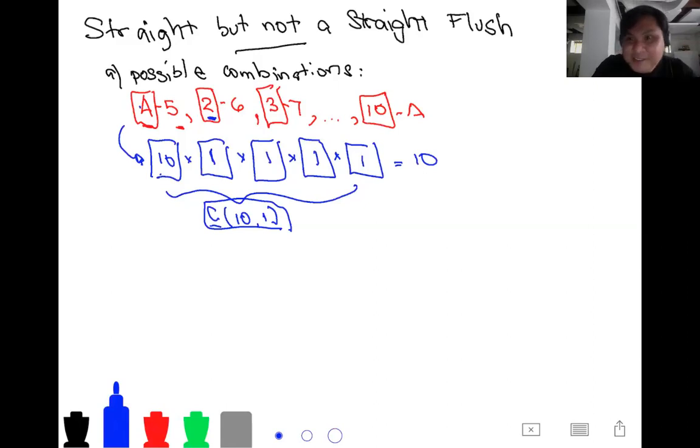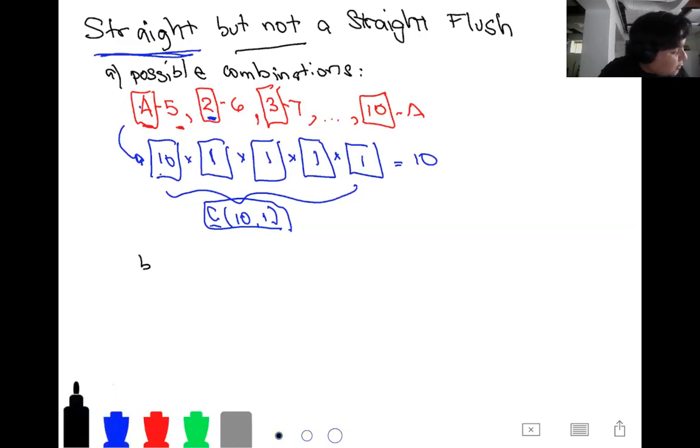So that makes sense. But remember, as a straight, suit is not an important consideration. So therefore, you actually need to pay attention to the suit per card.